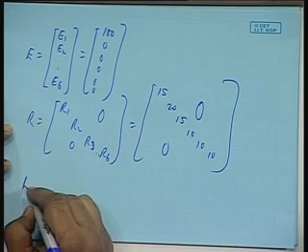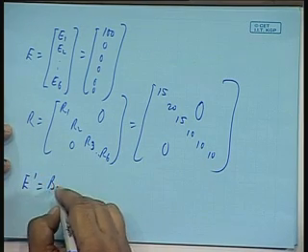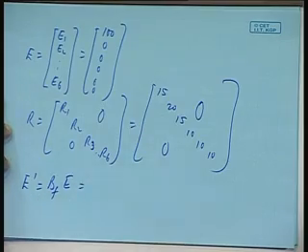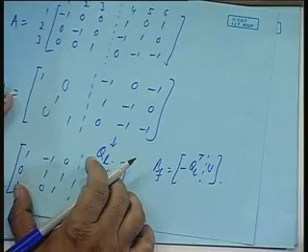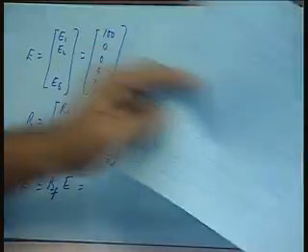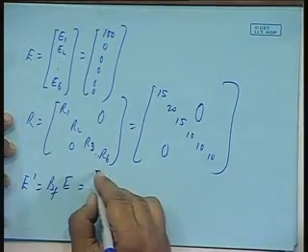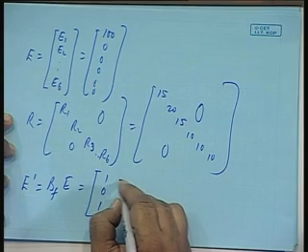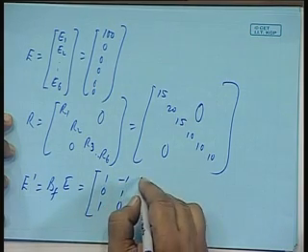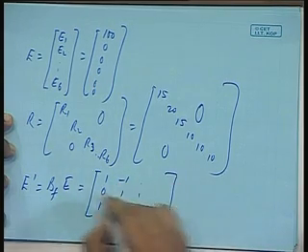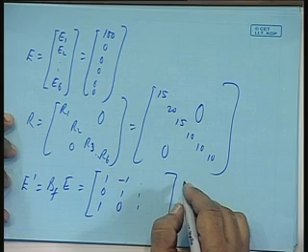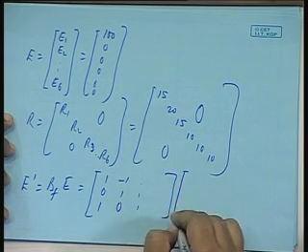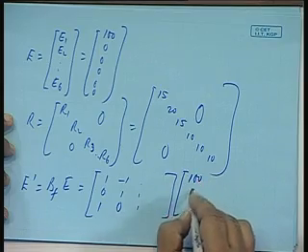E dashed is equal to BF into E, which is this matrix BF multiplied by 100. I will not write all the terms, it will be 1 0 1 minus 1 1 0 and so on. You can complete BF multiplied by 100 0 0 and so on.